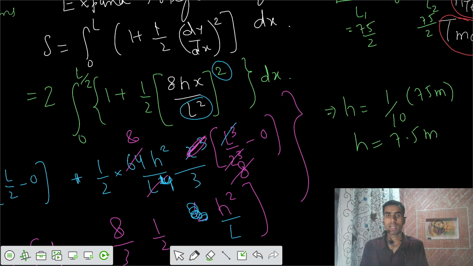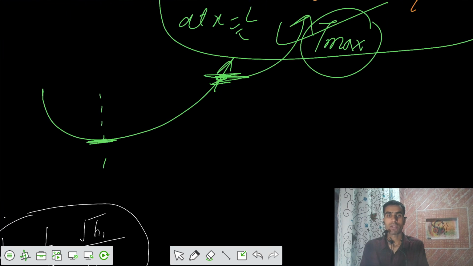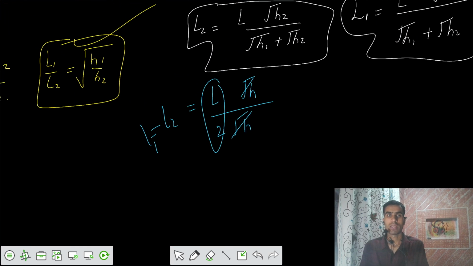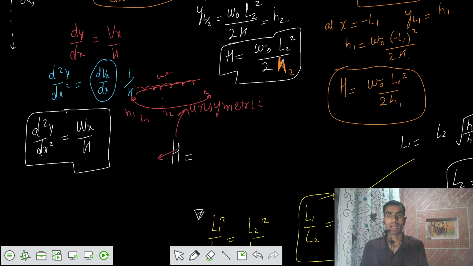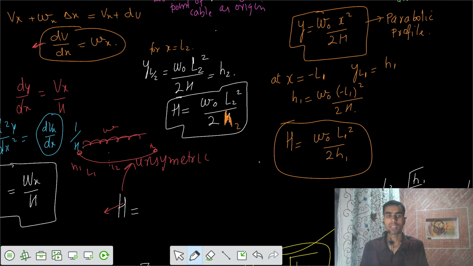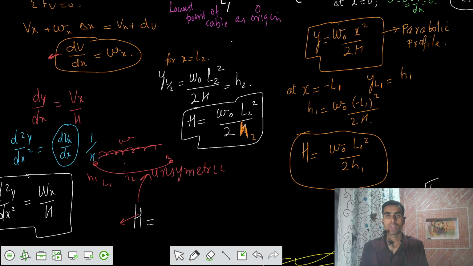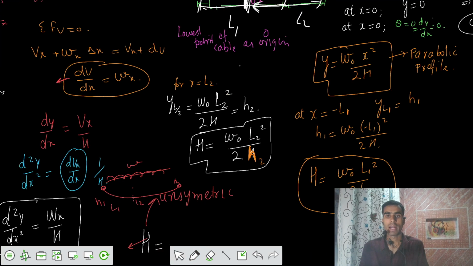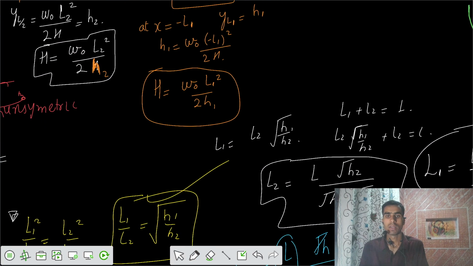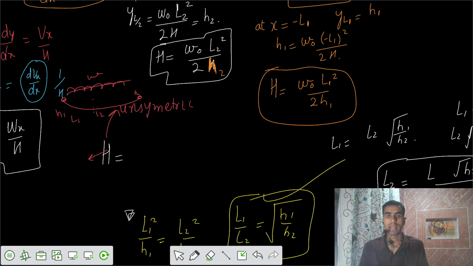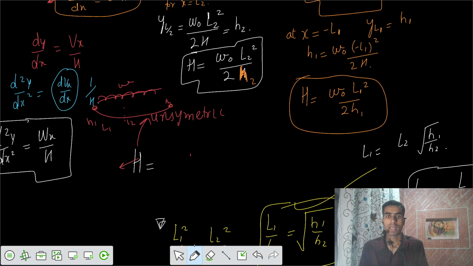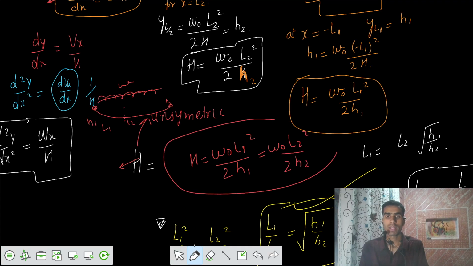We derived one equation for the unsymmetric profile, that H1 is equal to H2, that H was equal to W naught L1 square by 2 H1, equal to W naught L2 square by 2 H2. We had this equation.